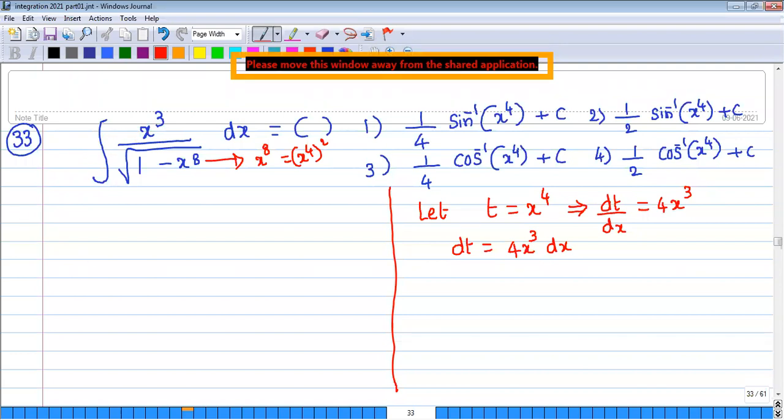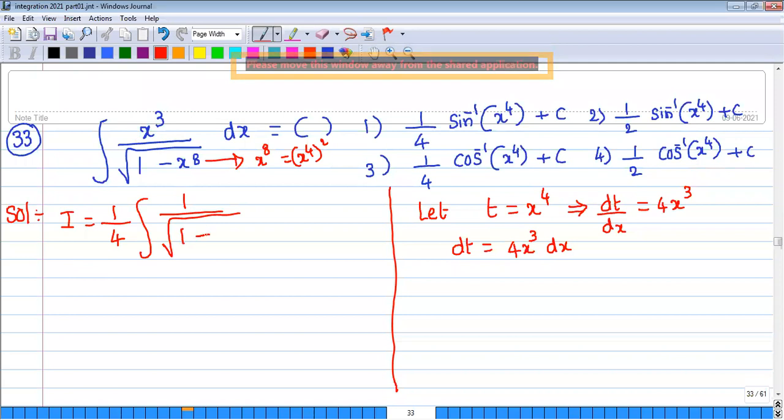So this can be rewritten for our convenience: I equals 1 by 4 times integral of 1 upon under root of 1 minus x to the power of 4 whole square, into 4x cube dx.